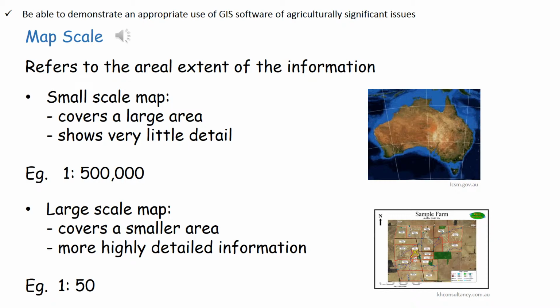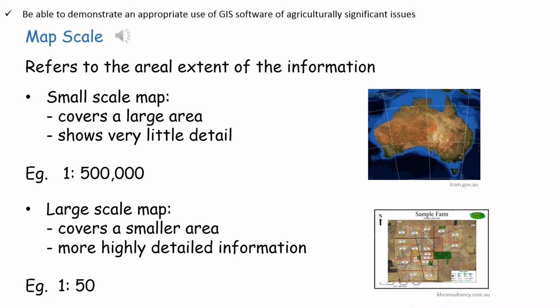Here we have a scale of 1 to 500,000, so 1 unit on the map is equal to 500,000 units on the ground. Those units could be 1 centimetre on the map equals 500,000 centimetres on the ground, or 1 millimetre equals 500,000 millimetres, or 1 inch equals 500,000 inches. The units on both sides of the scale ratio are the same, but a small scale map typically has a very large number on the right hand side.